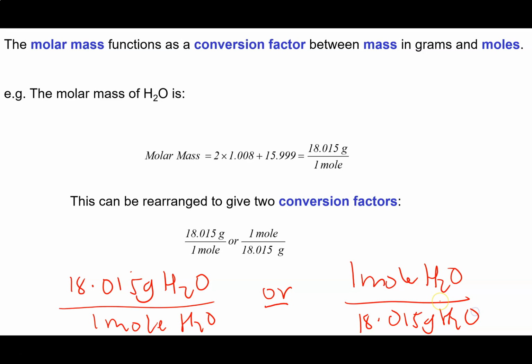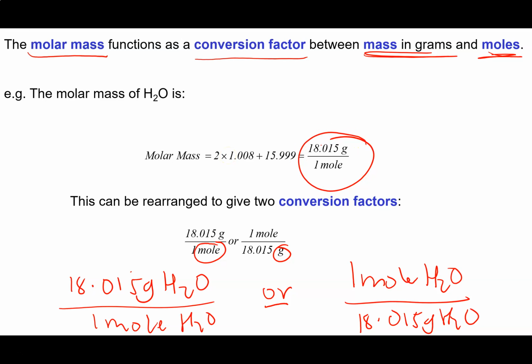What this conversion factor converts between is moles and grams. So molar masses function as the conversion factor between the mass in grams of a substance and the number of moles of that substance.